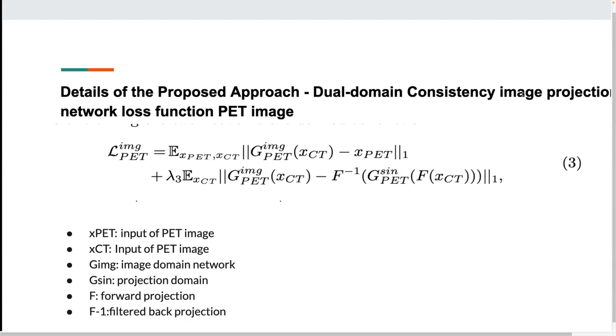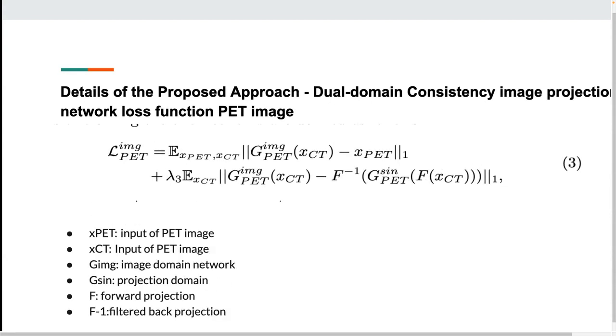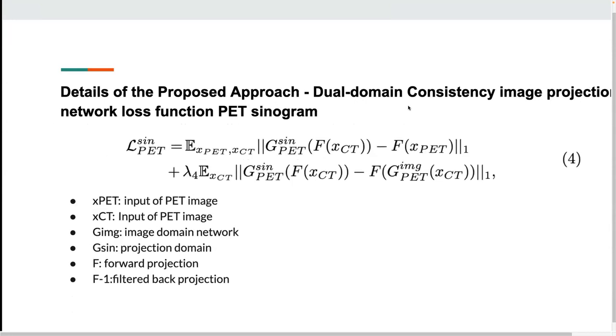The third one used the image domain for the PET image, and the fourth used the image projection for the PET sinograms. So they have developed 4 models that are connected together, so they could exchange information back and forth between all the data.